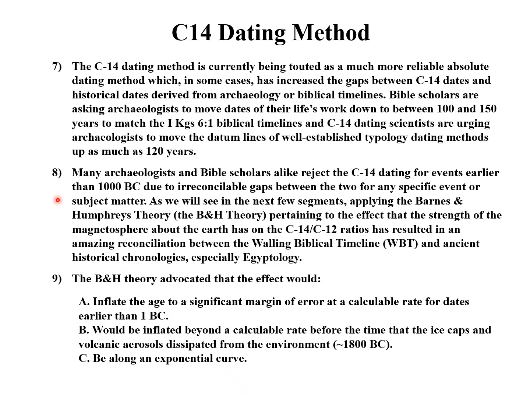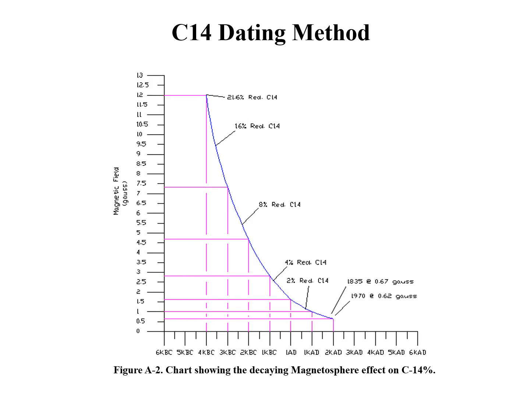It would be inflated beyond a calculable rate before the time that the ice caps and the volcanic aerosols dissipated from the environment, which creationists put around 1800 BC. At least that may be the peak, and it's starting to decline from there, along an exponential curve. So that's what we're going to look at.